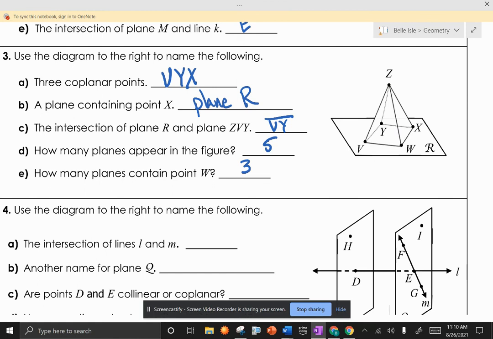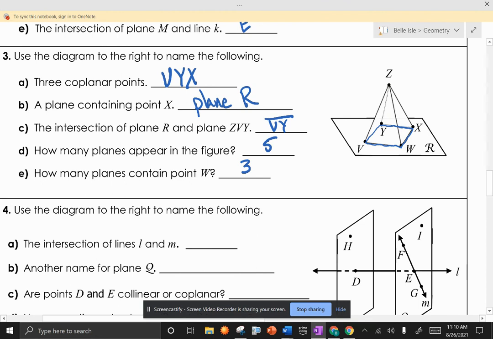How many of us got 5 initially? We've got plane R, which would be, using our points, VYXW or WXYV.